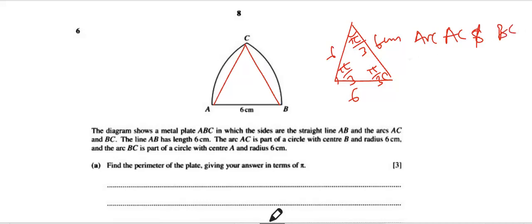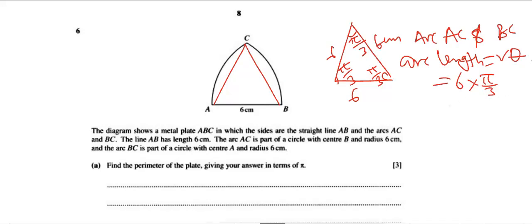So arc length will simply be given by r theta, where r is 6 multiplied by pi over 3. Right. So 6 multiplied by pi over 3 is 2 pi.